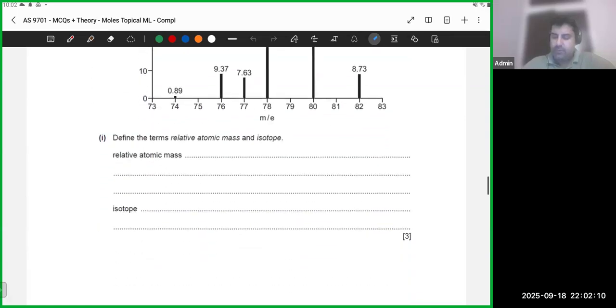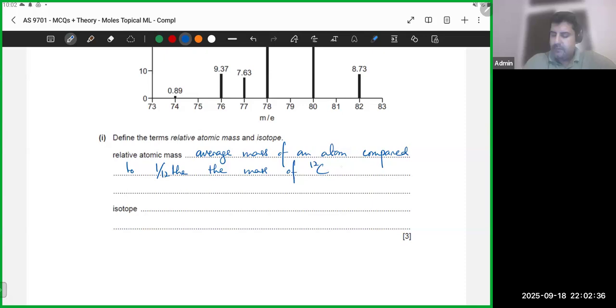He's saying define the term relative atomic mass. So we did that. It's the average mass of an isotope of an atom compared to 1/12 the mass of a carbon-12 atom. Okay, isotope you already know.